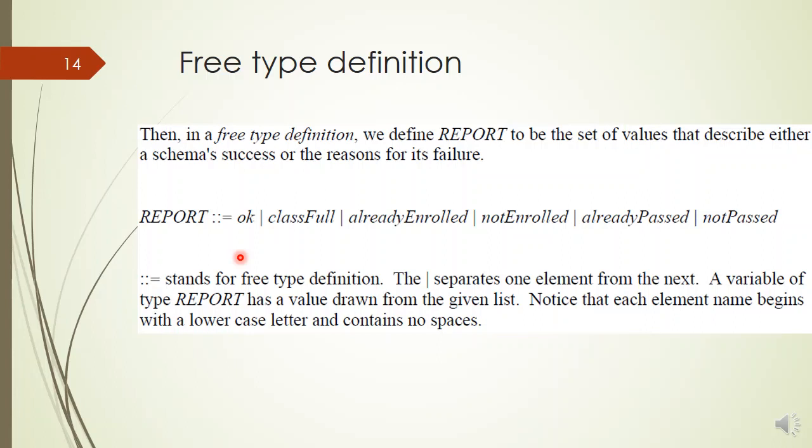For example, we already discussed basic types. For example, integer as a basic type, and integer basic type contains all possible integer values. If we declare book as a basic type, it would become the set of all possible books.